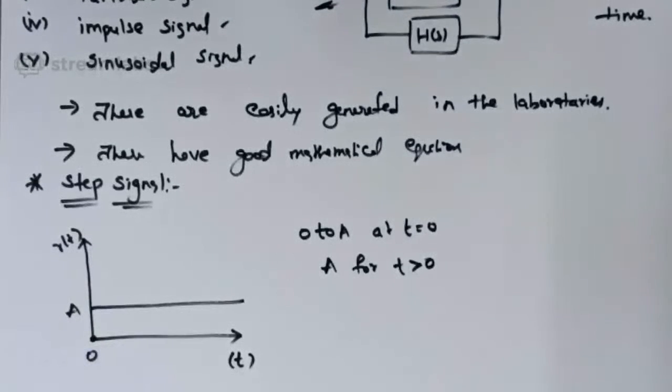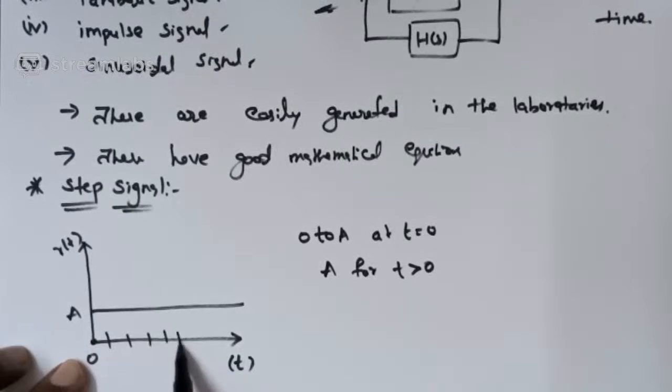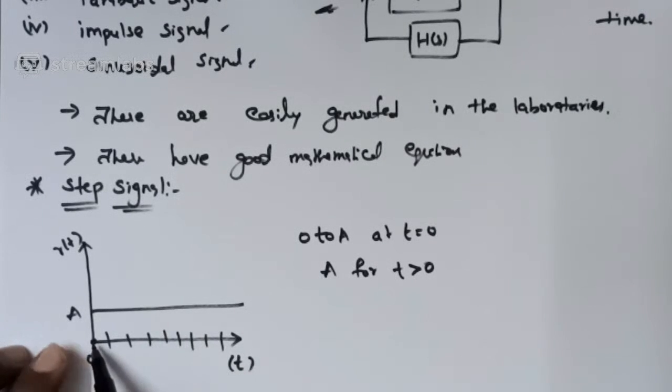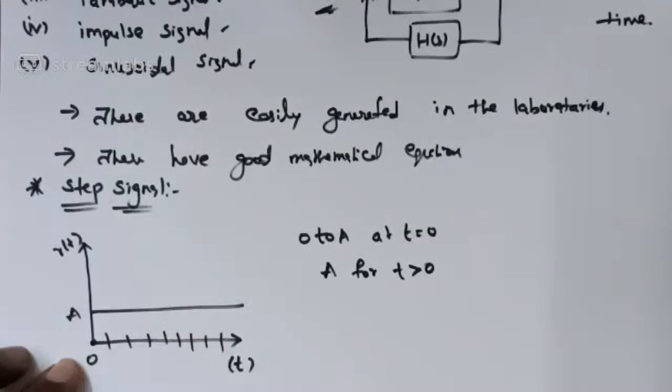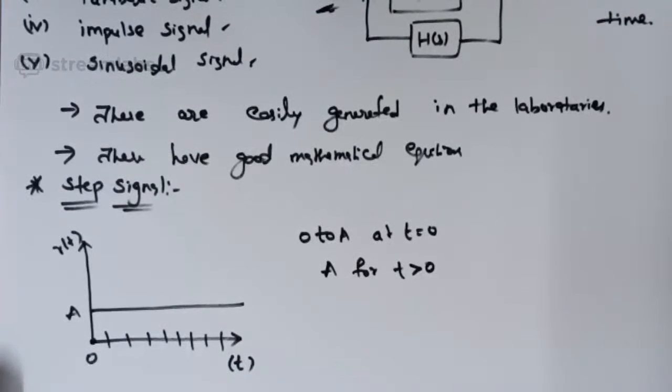So this is the expression. See here, 0 to A. A is the magnitude of the response. At any time it remains constant, except at t equals 0, where it changes from 0 to A. So we can write an expression for this.